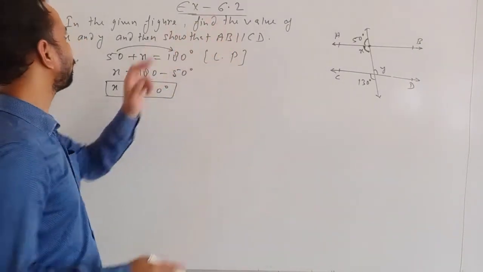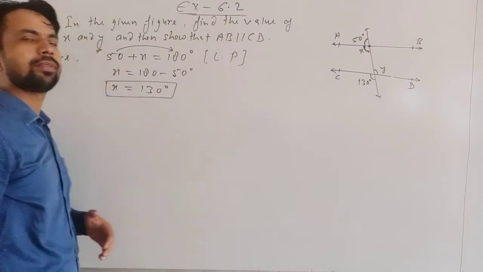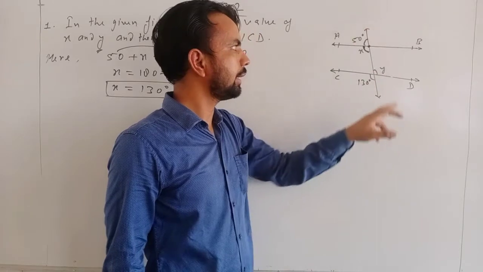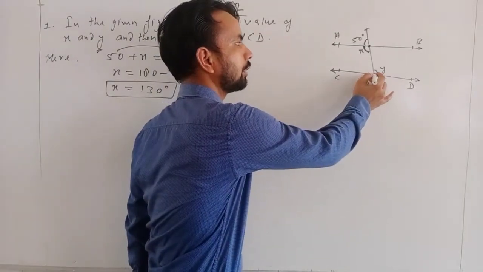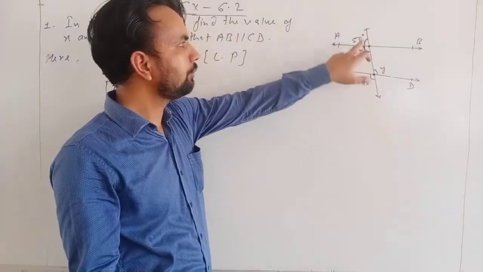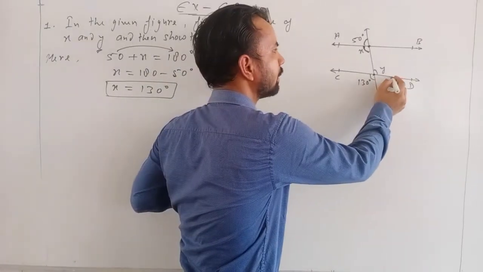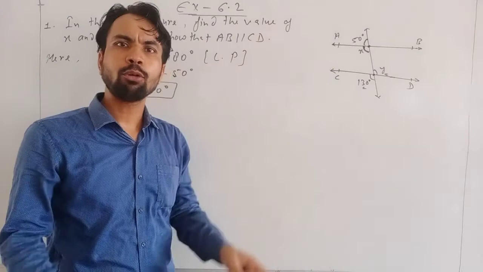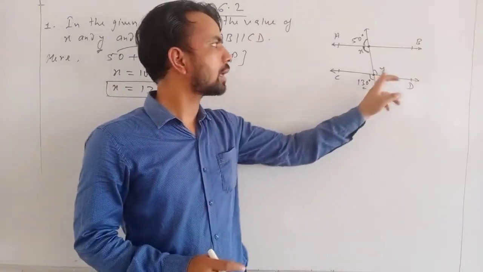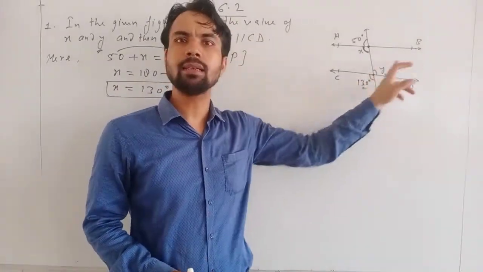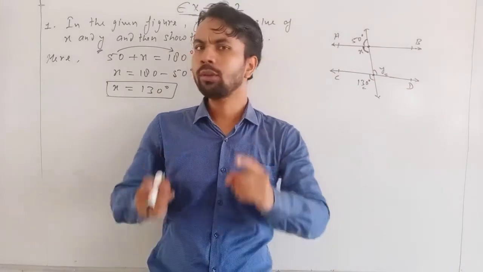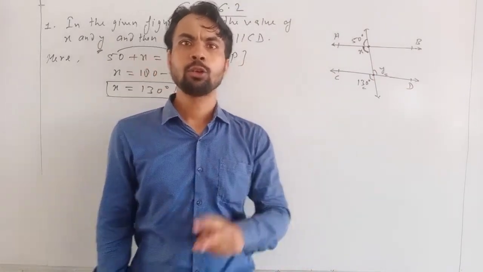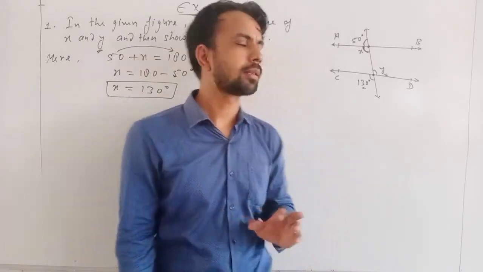Now we will have to find the value of y. See, CD line and this transversal intersect each other at this point. If these are two intersecting lines, then angle y and angle 130 both are known as vertically opposite angles. You know it? When two lines intersect each other, then we will get two pairs of vertically opposite angles.